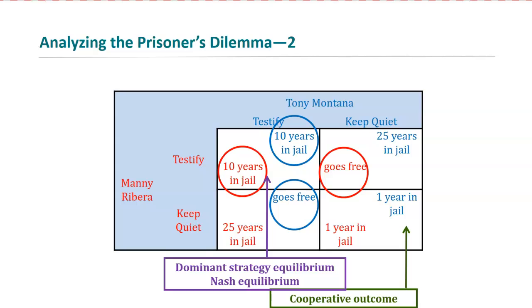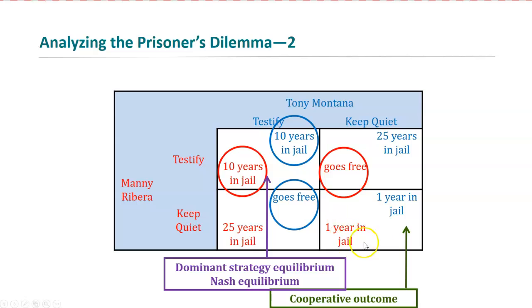The problem is, as we've seen in oligopoly behavior, that even if you make the pact before you go in, let's keep quiet, everybody has some incentive to cheat on the plan, right? And so you can't trust, because you're in two different rooms, you can't trust that Tony's going to stay quiet.